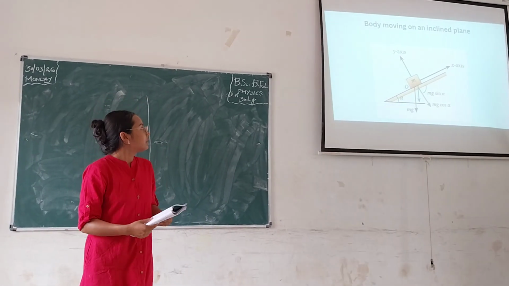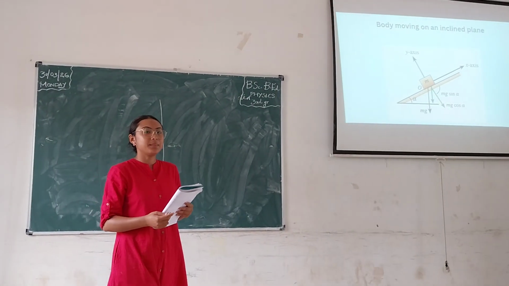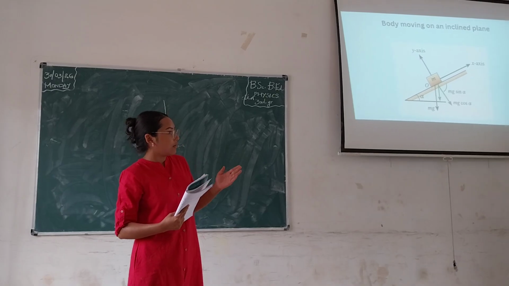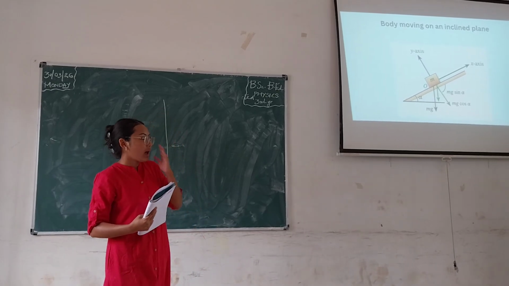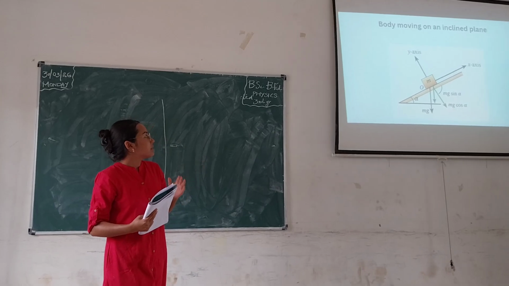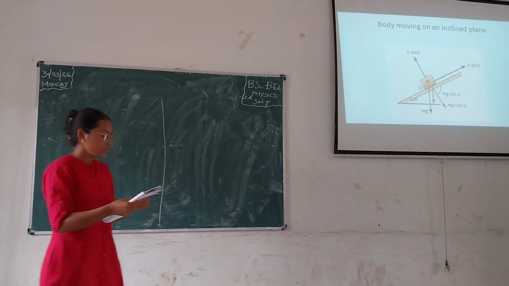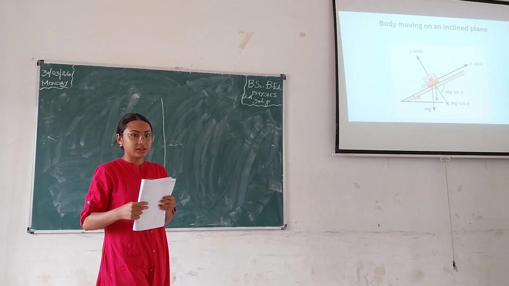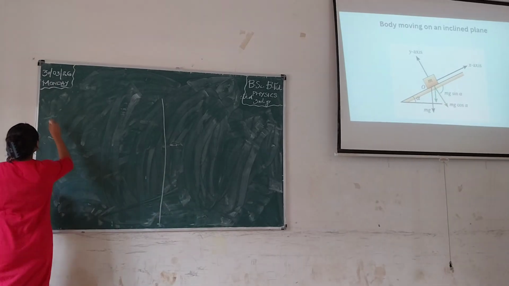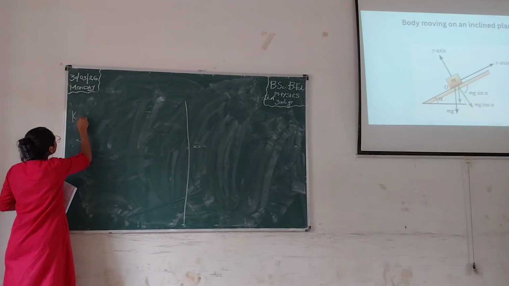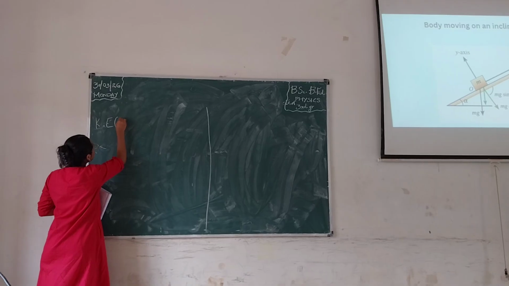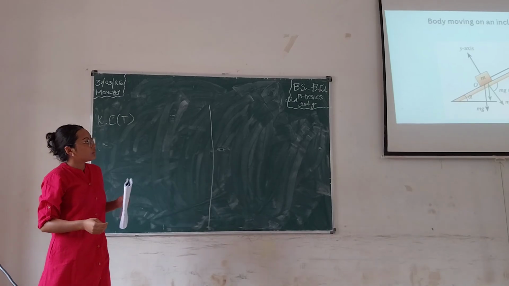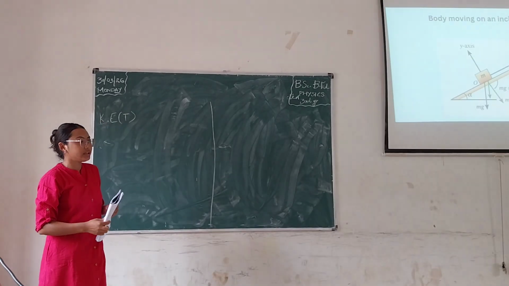So as you can see here in the picture, the system is a mass M sliding down a frictionless inclined plane with an angle alpha, and we choose x as the distance along the surface of the incline. To find the Lagrangian, we need to find the kinetic energy and the potential energy, right? So for the kinetic energy, as the mass only moves along the x-axis, the velocity here will be x dot.